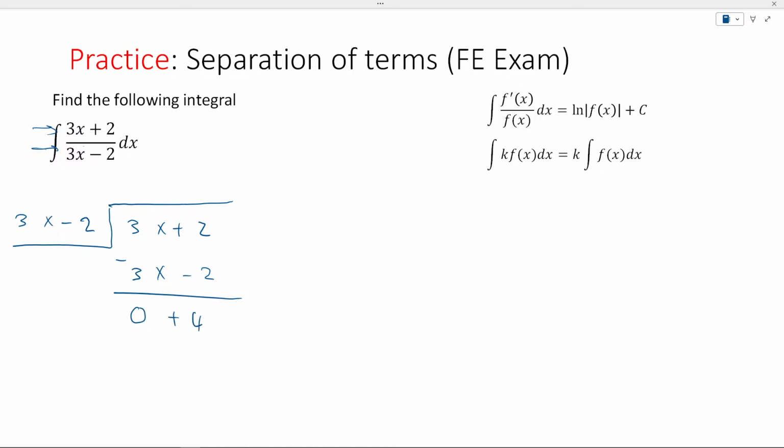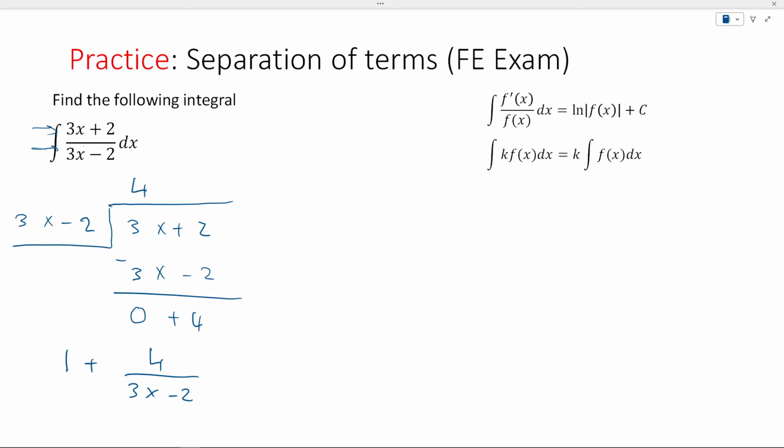This means that the remainder is 4. Remember how you do division. Basically I will get 1 here, and I will get 4 divided by 3x minus 2.